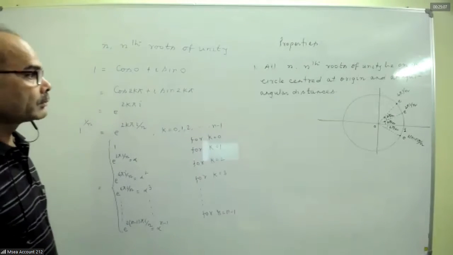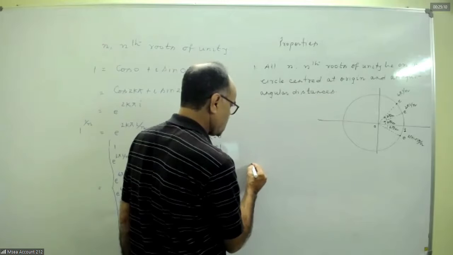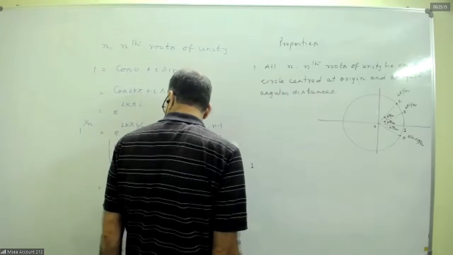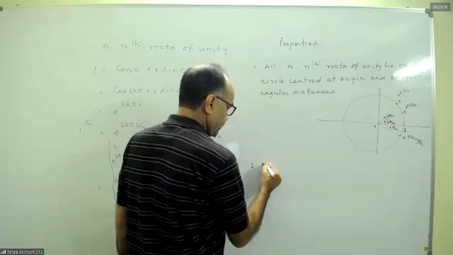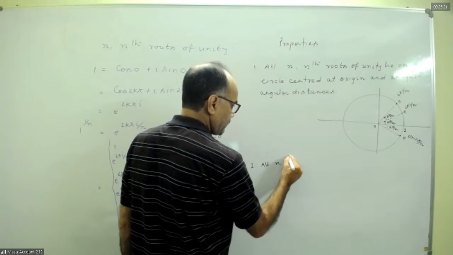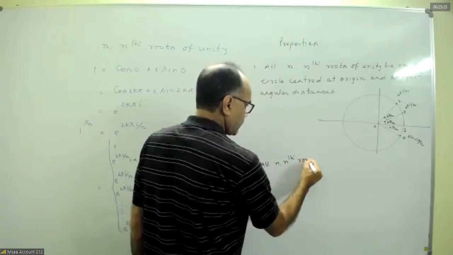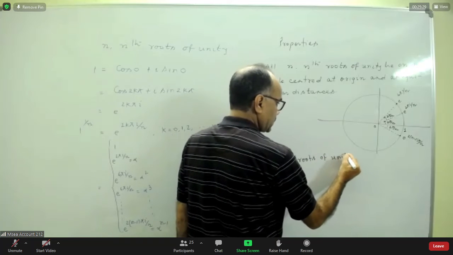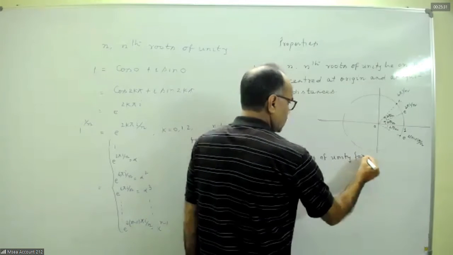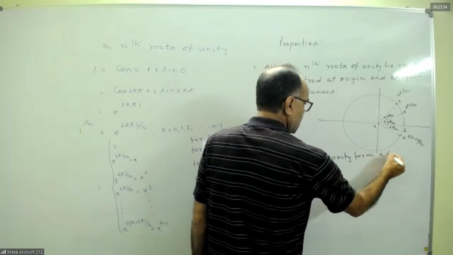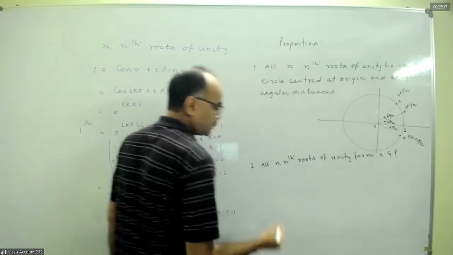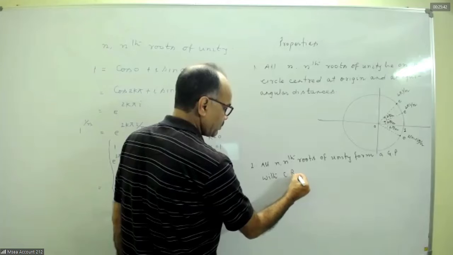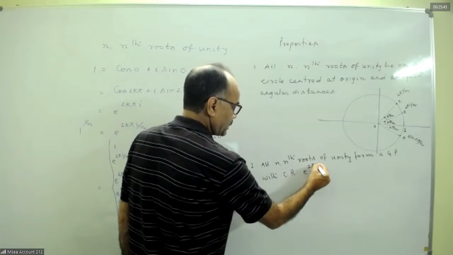Magnitude is 1 now. Next is: all n roots of unity form a GP with common ratio e to the power 2 pi i by n.